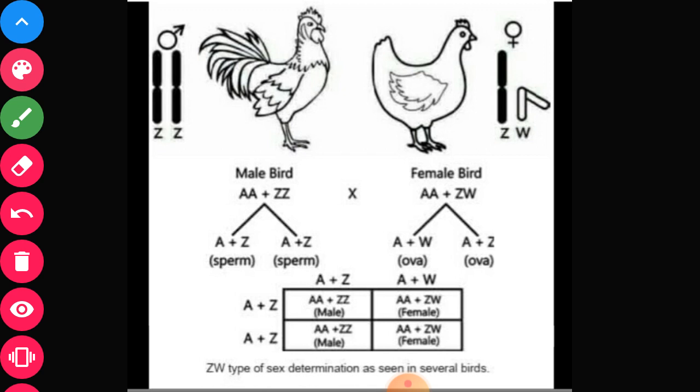In birds, this is ZW type sex determination. Here female heterogamety is found. Female produce two types of gametes, ovum containing Z and W, but male have the sex chromosome only Z type. So see here, these are the female gametes, and when fertilized, if a Z gamete combines with Z, then they develop into male.